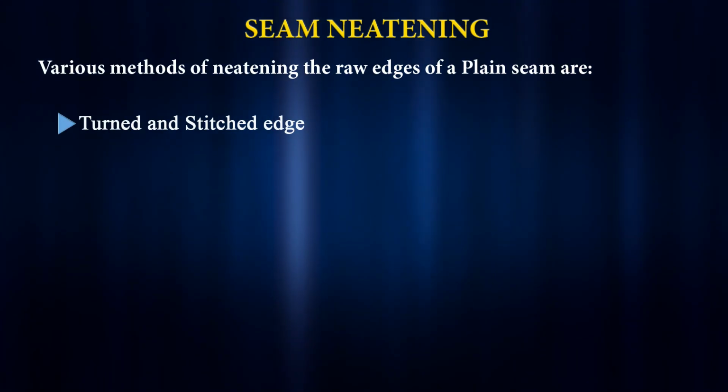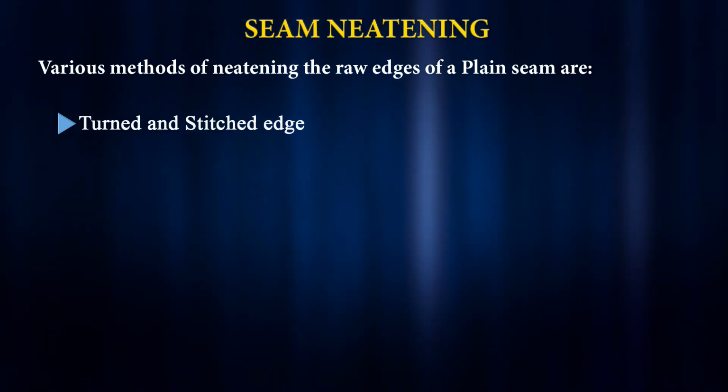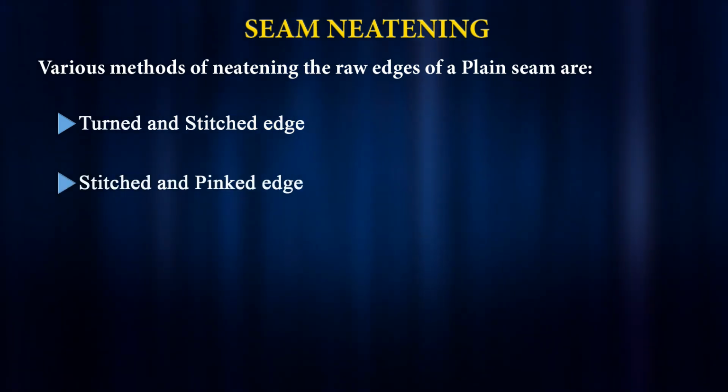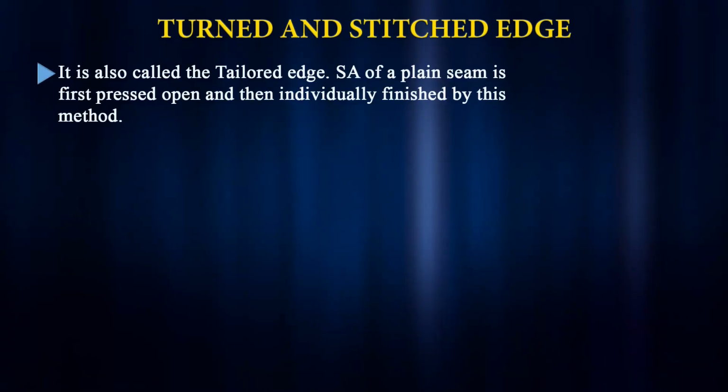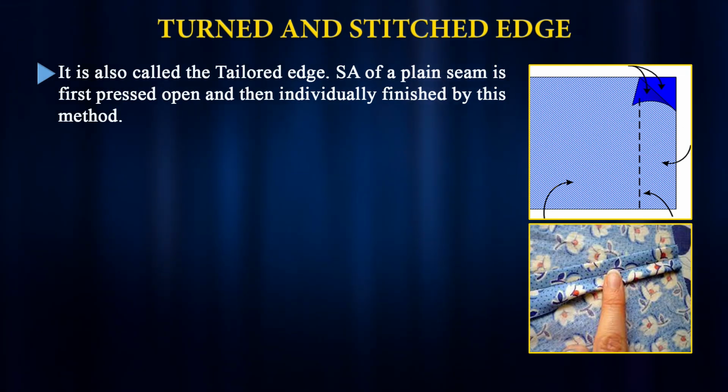First is the turn and stitch edges, then stitch and pinked edges, overlocking and binding. So first let us talk about the turn and stitched edges. This is the most common one we have generally done. It is named the turn and stitched edges, and it is also called the tailored edge.